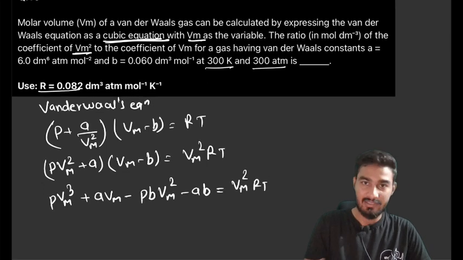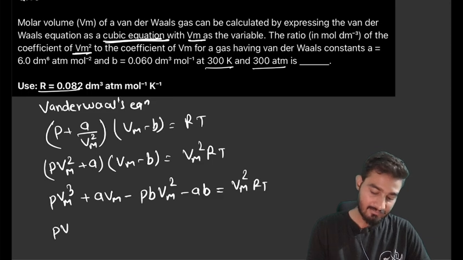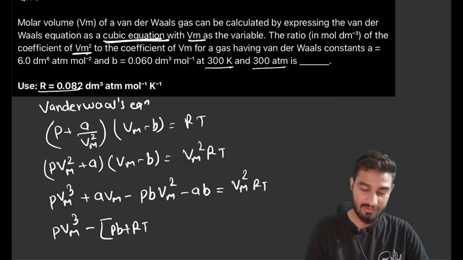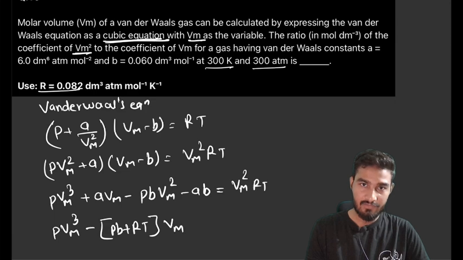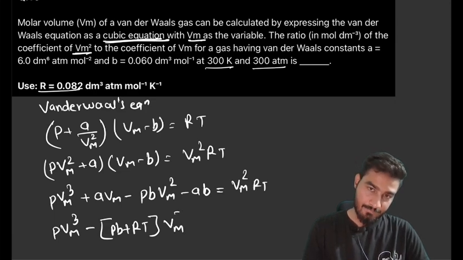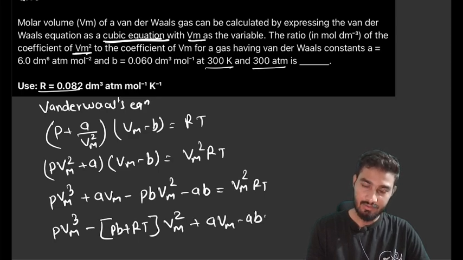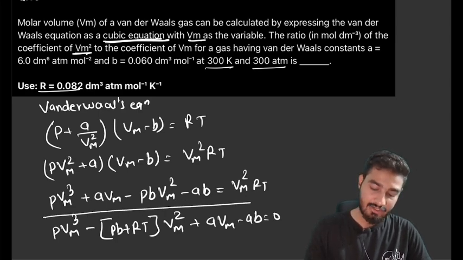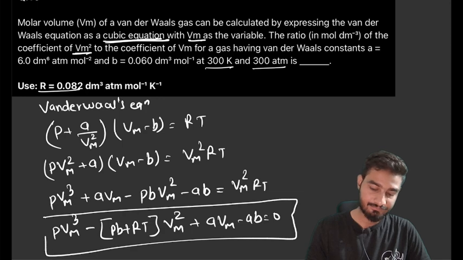Or I can write it in a different way. If I take common all the coefficients of Vm square on one side, it will be minus (PB plus RT) Vm square plus AVm minus AB is equal to 0. So this type of equation we will get. This is our cubic equation first of all.